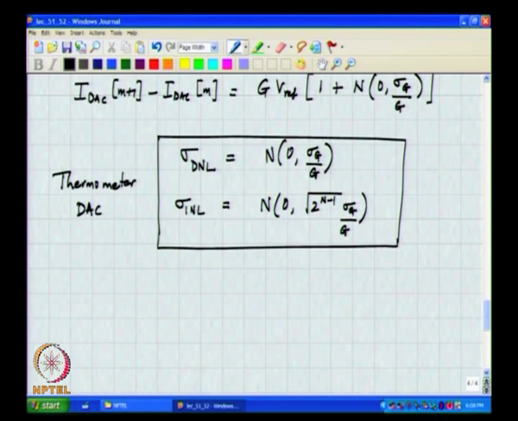So, the question is, of course, this all comes out of the math, but is there some intuition to this?